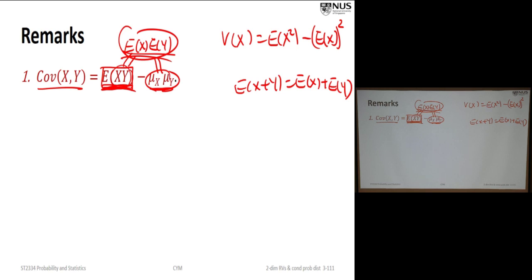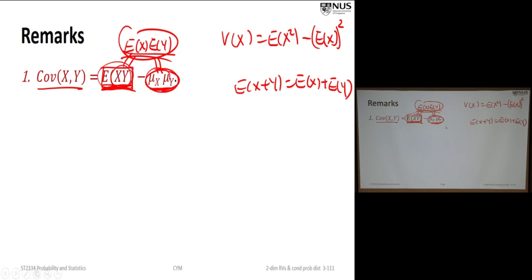Then, of course, is it possible that these two are the same? Under what conditions? When x, y are independent, then they're the same. So what does it mean?